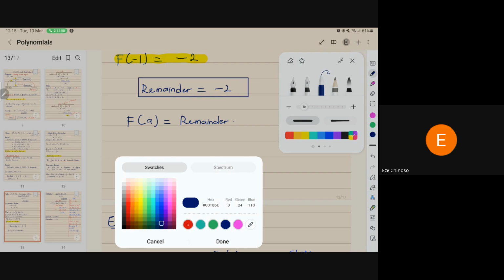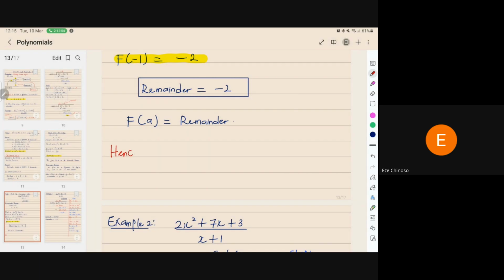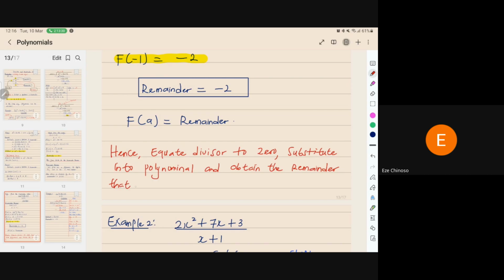So you don't have to divide again. You can do that.